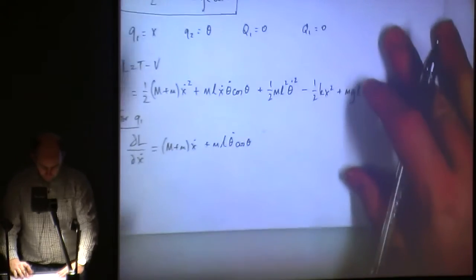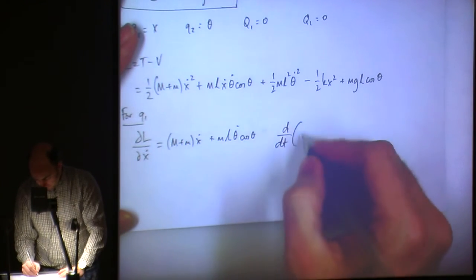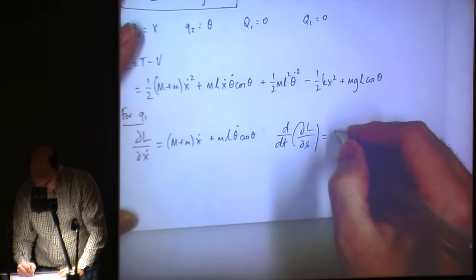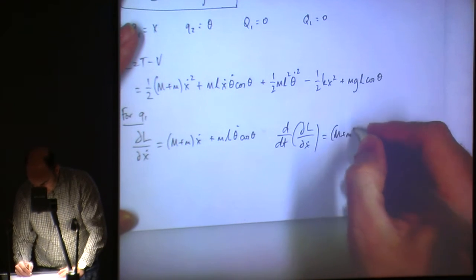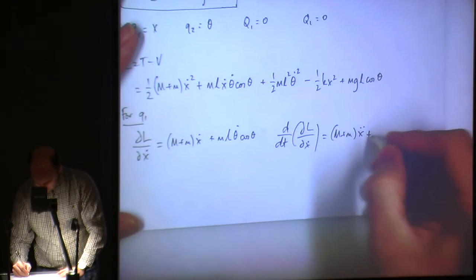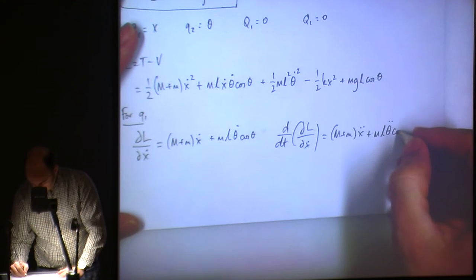If I take the time derivative of this term, d by dt, plus ml theta double dot cosine of theta.